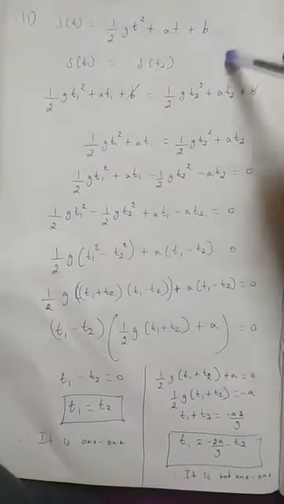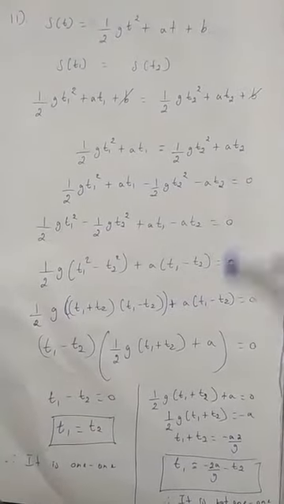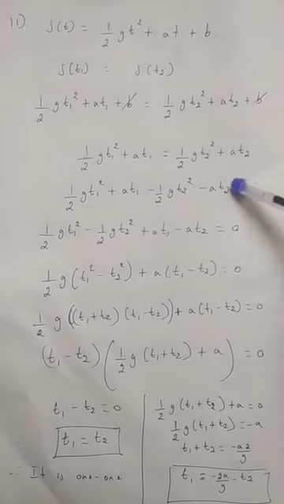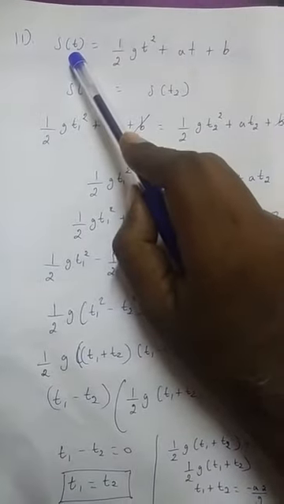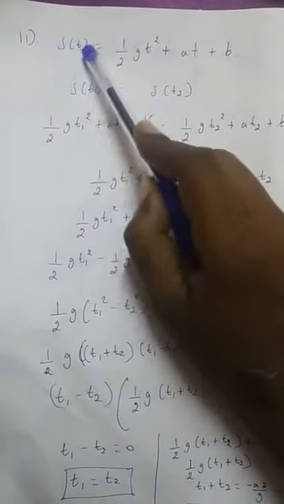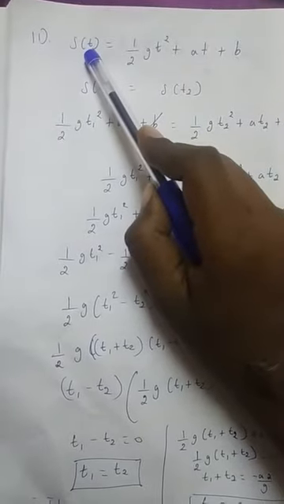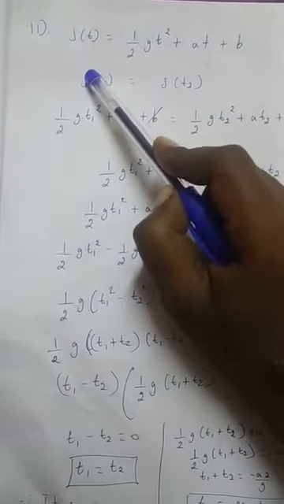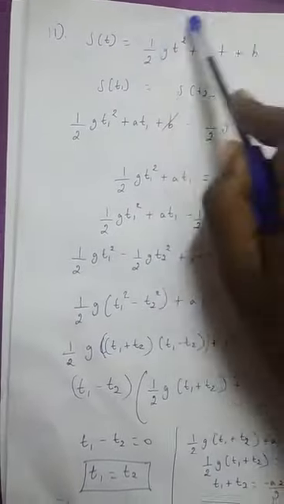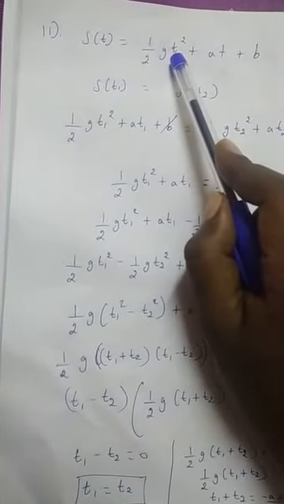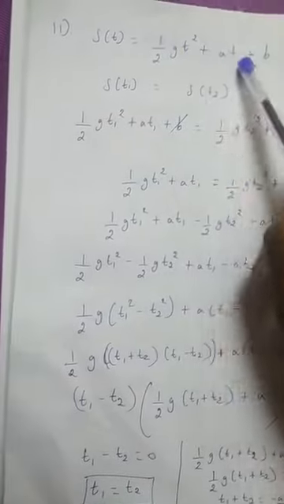This is the normal method. We have another shortcut method for this problem, which is very simple. This is s of t. I am going to substitute values here. For example, in the place of t, substitute 1, 2 and 3 respectively. If you substitute 1 here, we will get one value.